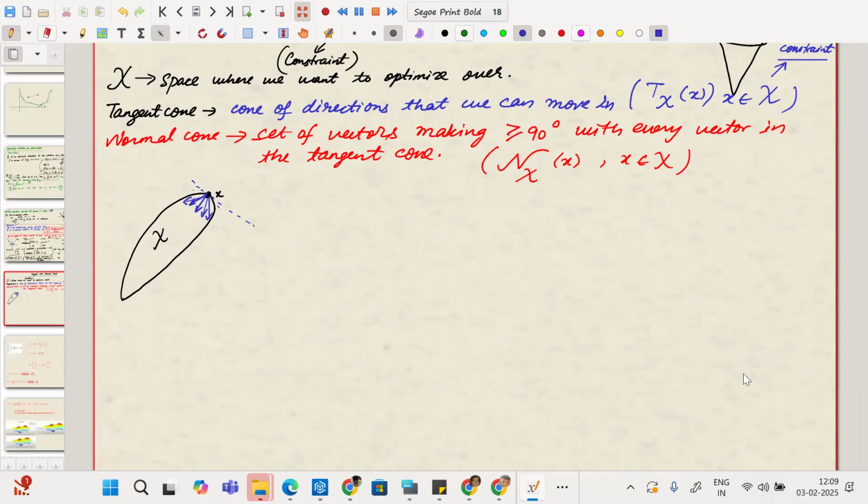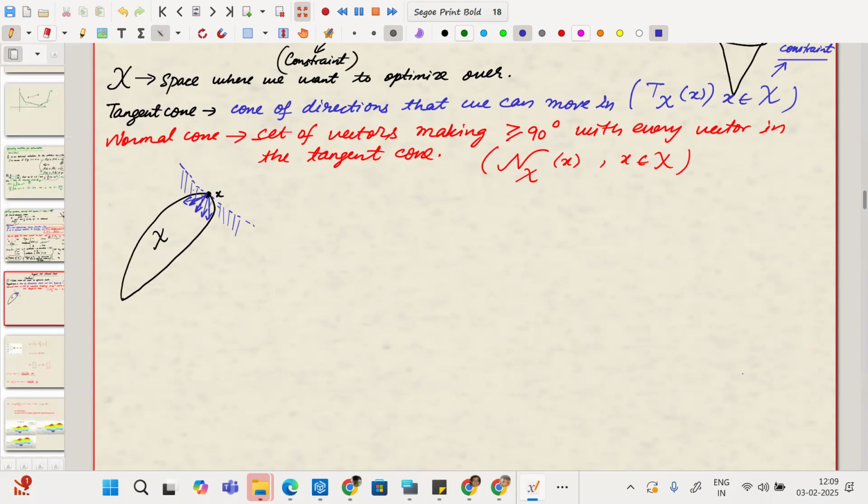So what is a normal cone to this? Can you see what a normal cone is? What should be the normal cone to this? Can anyone draw? So for the tangent cone, you learned that this is a total half space.